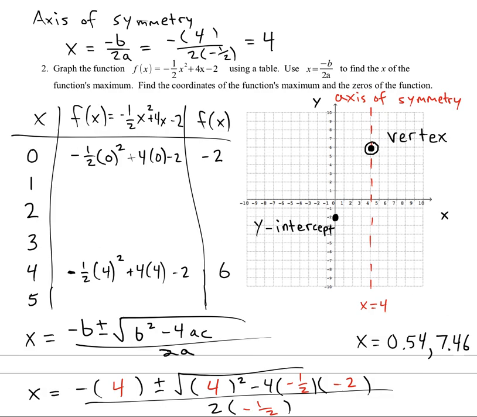Now these are, of course, approximate, though. Didn't come out to exactly those numbers, so I'm just going to use the squiggle line there. And these are the zeros. All right, so let's plot those points.